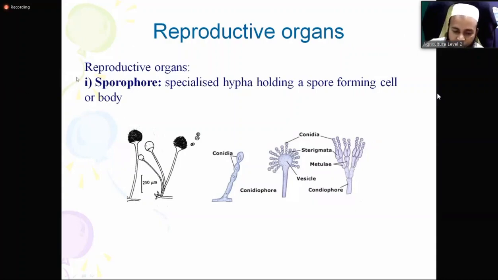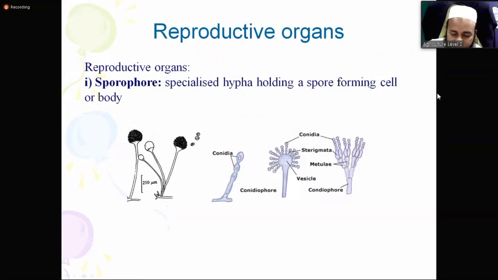So, reproductive organs. The first reproductive organ is sporophore. So what is spore? Actually, as I told you in some class, spore is nothing but a seed-like structure of fungus. Fungi do not produce any seed, because a seed has an embryo, but the fungal reproductive structure has no embryo.